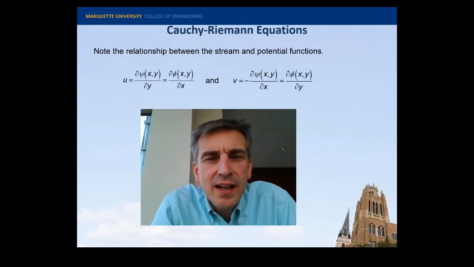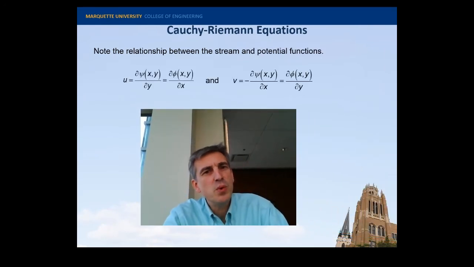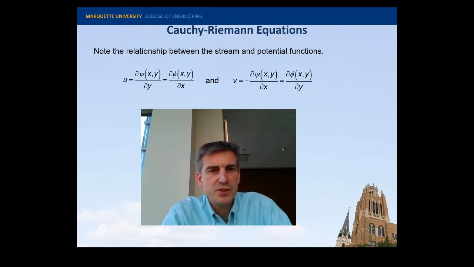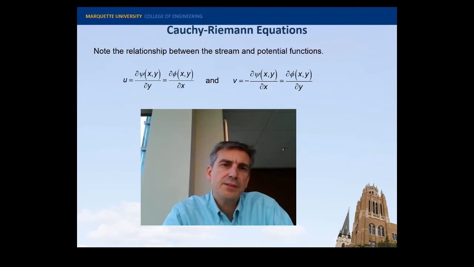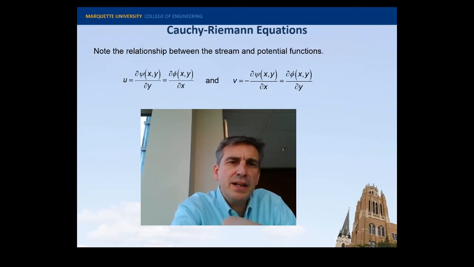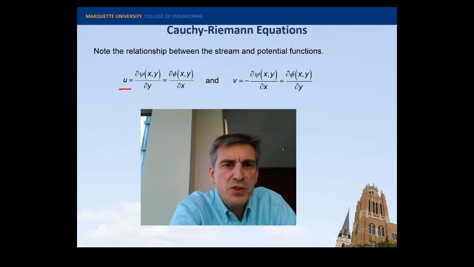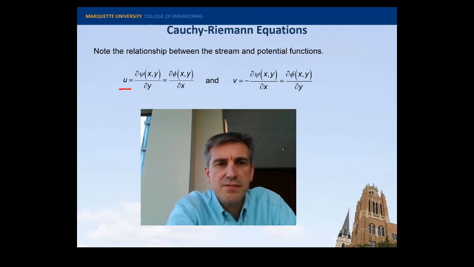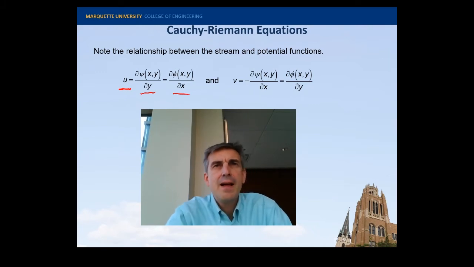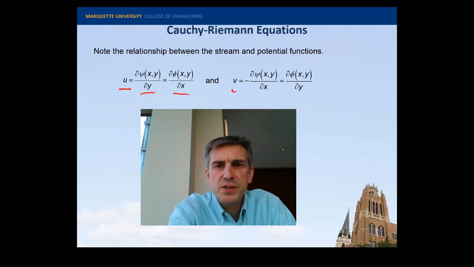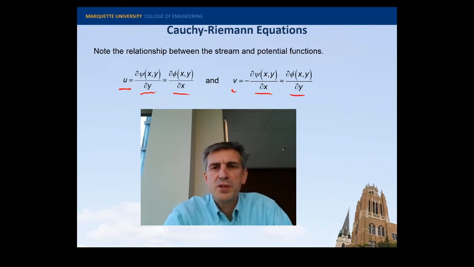All right, so let's look at the relationship between the stream function, psi, and the potential function, phi. Now, by definition, we defined them both originally with respect to the scalar quantity of velocity u, and so we can equate them to each other, partial psi, partial y, equals partial phi, partial x, like this, and the scalar velocity v, partial psi, partial x, partial phi, partial y.